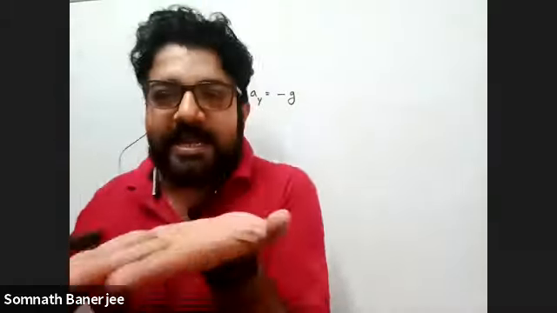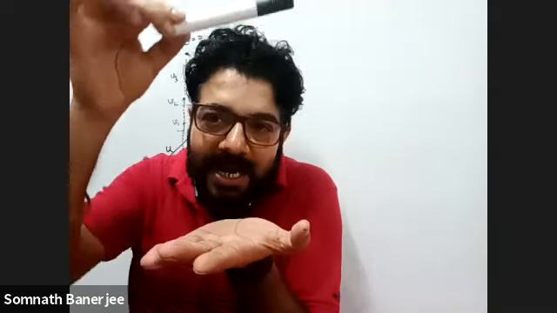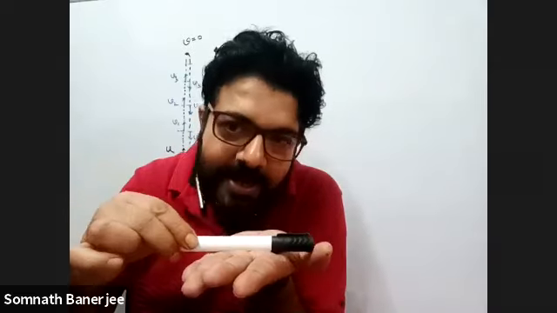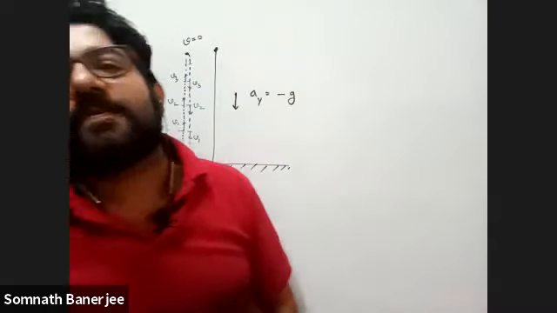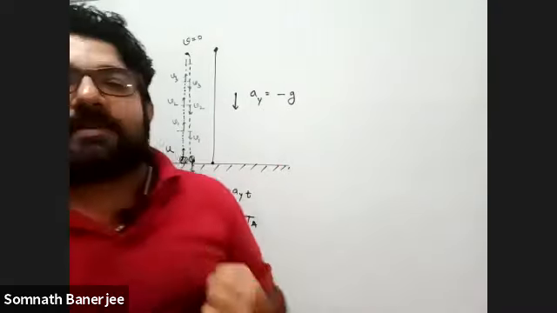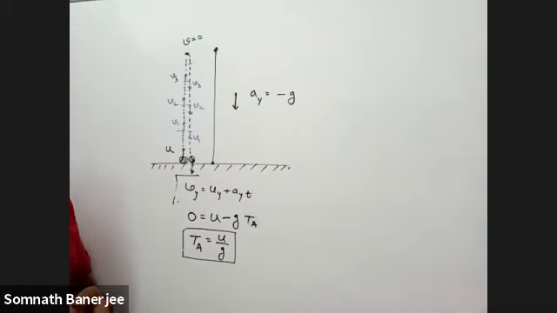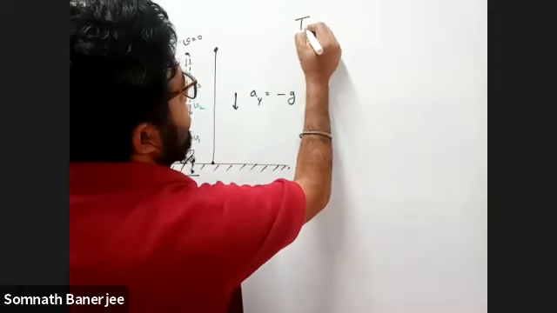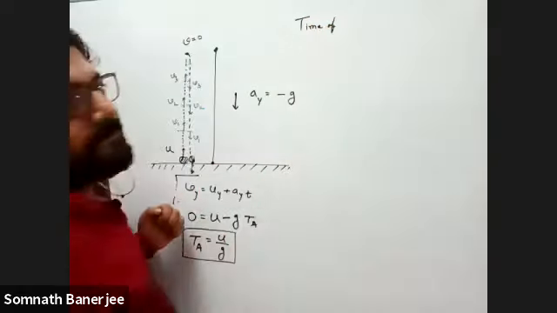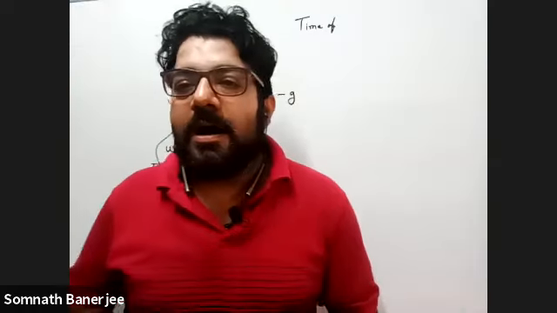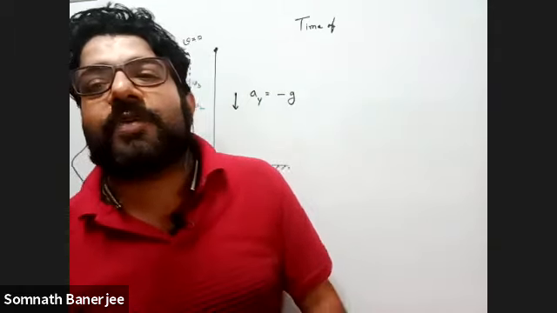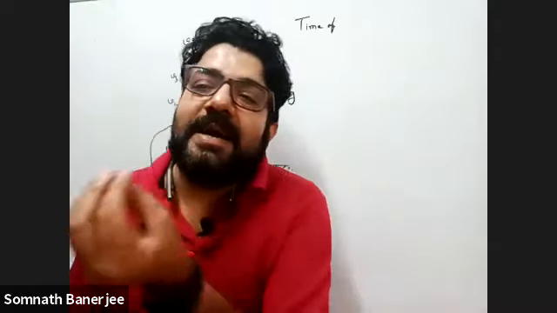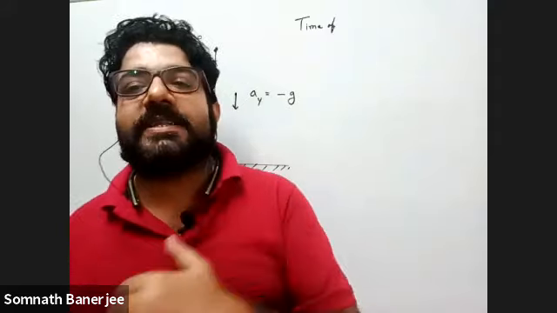Suppose this is my ground, it flew and flew and came to A. Until just before A, it was flying. That is called the time of flight. Time taken before coming to rest is called the time of flight. You can explain it in your own words: the time taken by a particle or object before hitting the ground is called time of flight.